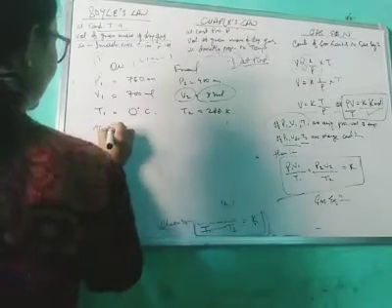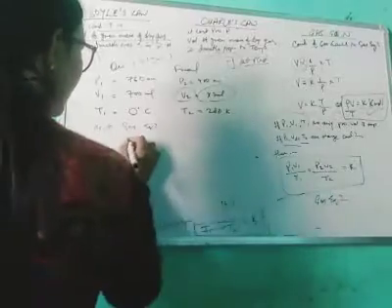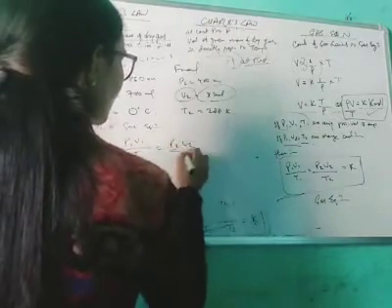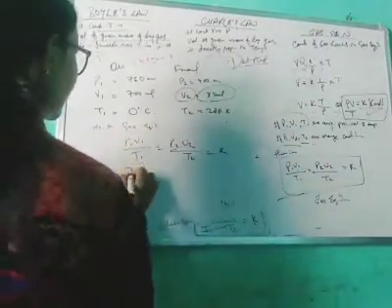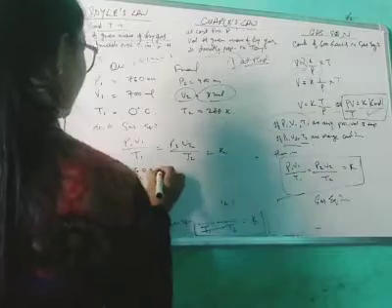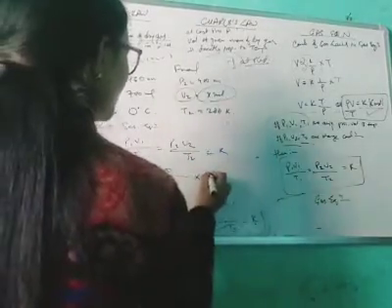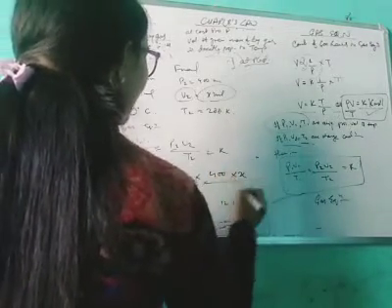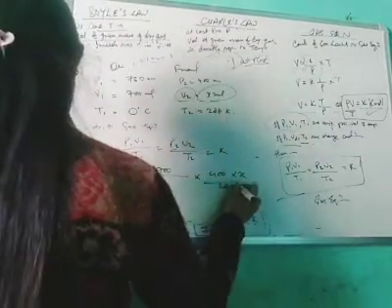According to the gas equation, which you know very well, P1 V1 upon T1 equals P2 V2 upon T2 equals K. So put all these things in: P1 760 into 700 upon T1, and P2 400 into X upon T2, which is 288.